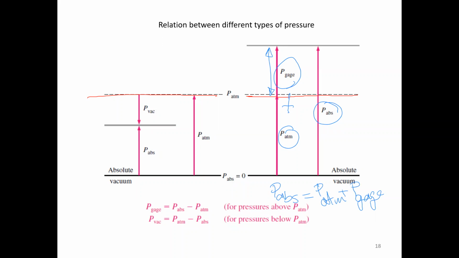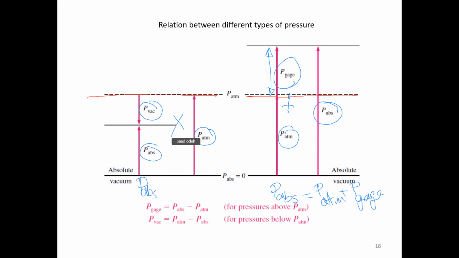In case of vacuum, again you can see P atmosphere is the same, but the system has pressure below the atmosphere, so it's minus. Now we want to find P absolute here. The P absolute must be the addition of both this one and this one.